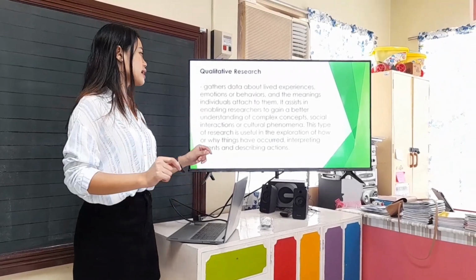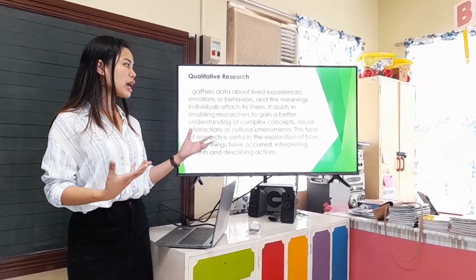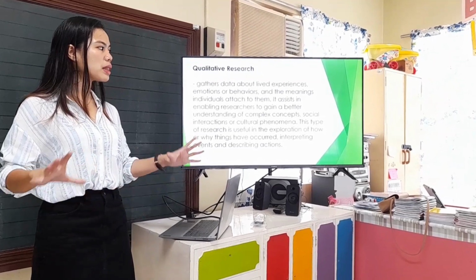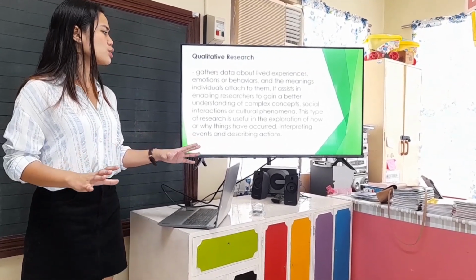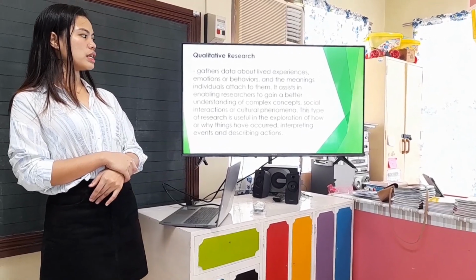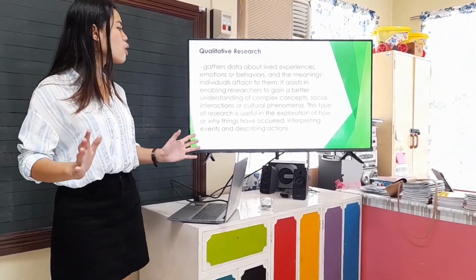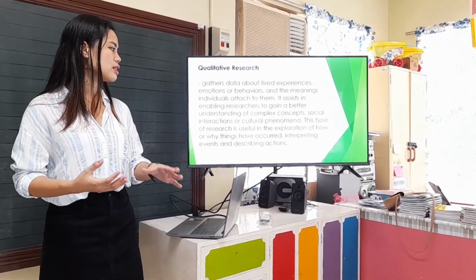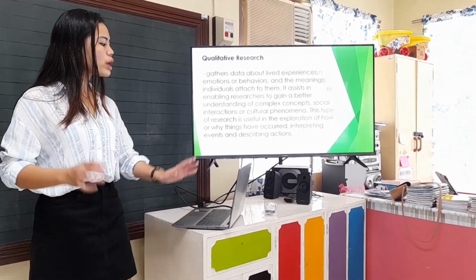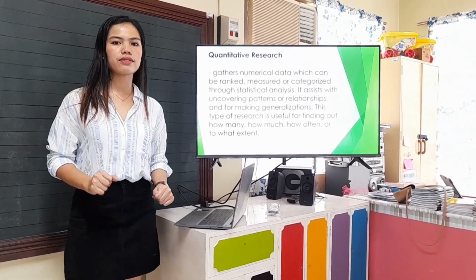It also assists in enabling researchers to gain a better understanding of complex concepts, social interactions, or cultural phenomena. This type of research is useful in the exploration of how or why things have occurred, interpreting events, and describing actions.